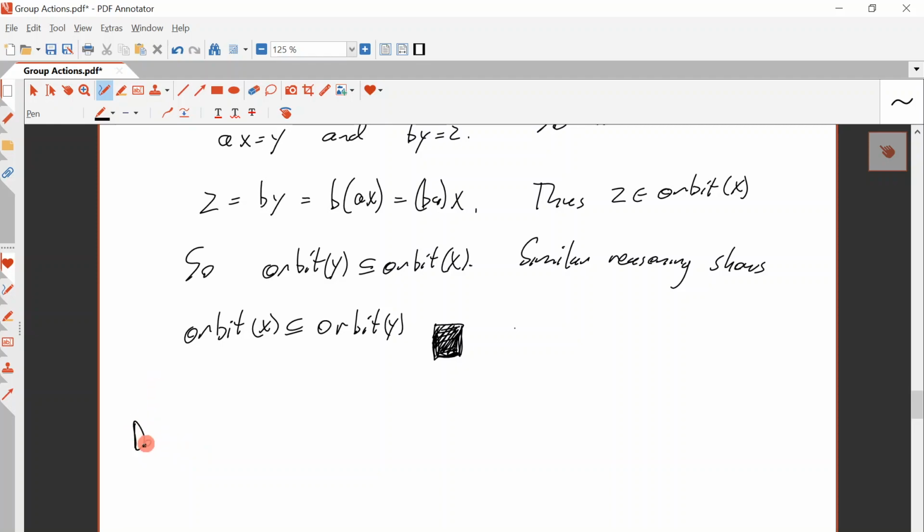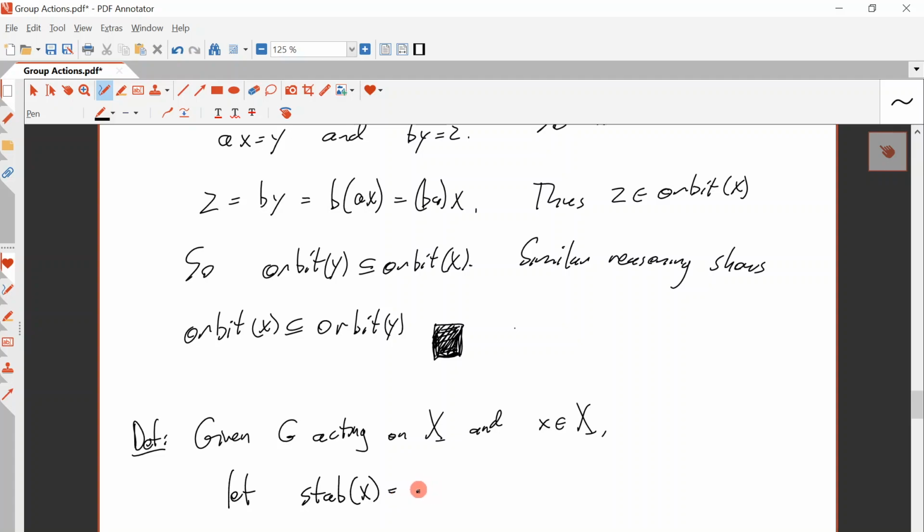So, definition. Given G acting on X and little x in X, let the stabilizer of x be equal to the set of all g in G such that gx is equal to x.